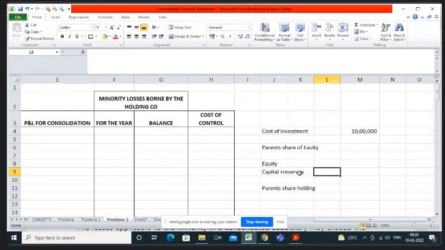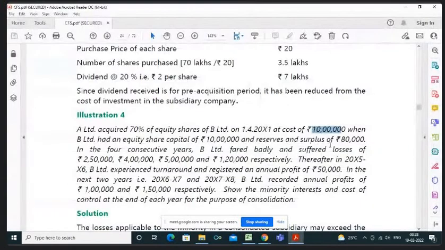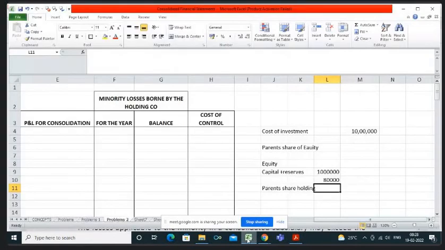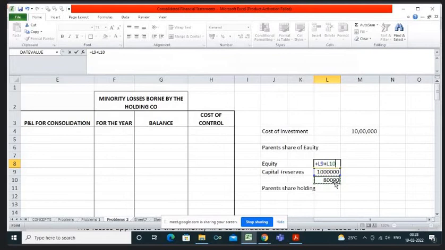So how much is the capital and how much is the reserves? The capital is 10 lakhs and the reserves are 80,000. That's what they say. 10 lakhs and 80,000. So the total equity is 10 lakhs plus 80,000, 10 lakh 80,000.